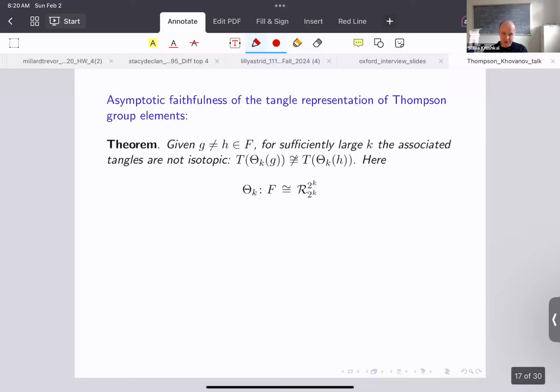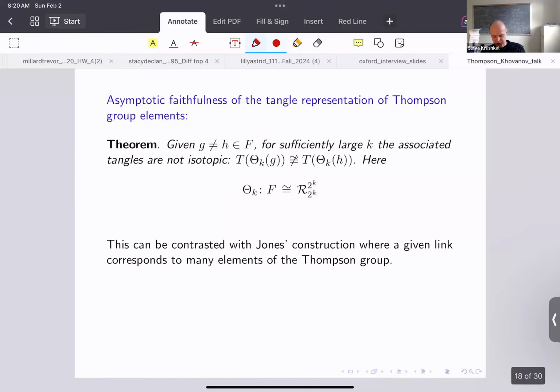So we prove an asymptotic faithfulness result, saying that if you have 2 different group elements in this Thompson group F, then for sufficiently large K, if you associate reduced strand diagrams with 2 to the K points at the top and the bottom, and then look at the tangles associated with them, just as described on the previous screen, they're going to be non-isotopic.